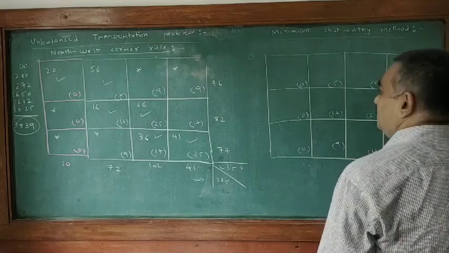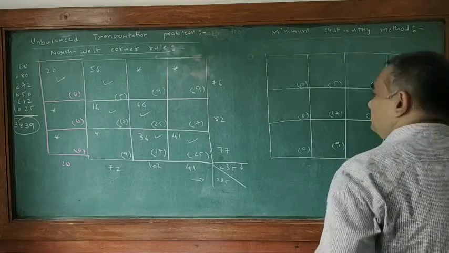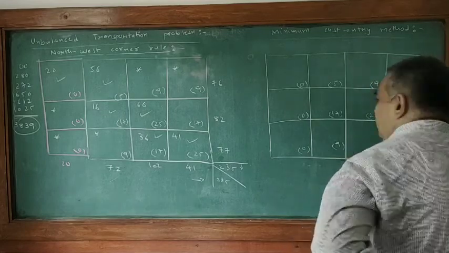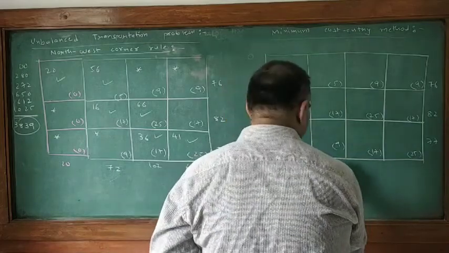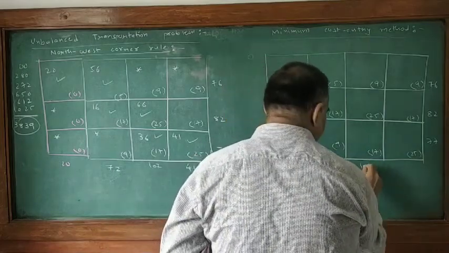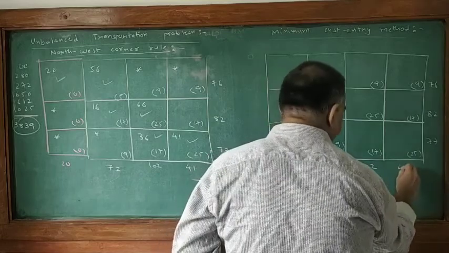Supplies 76, 82, 77, and demands 20, 72, 102 and 40.